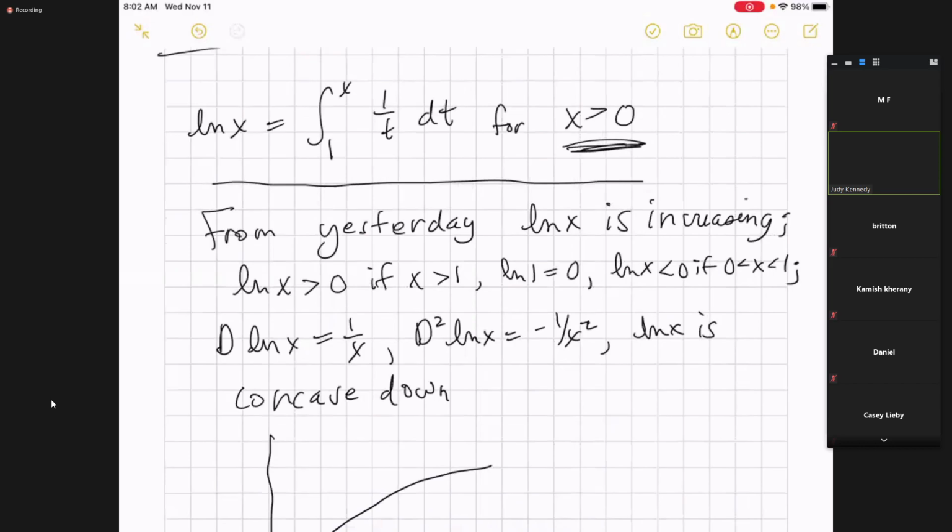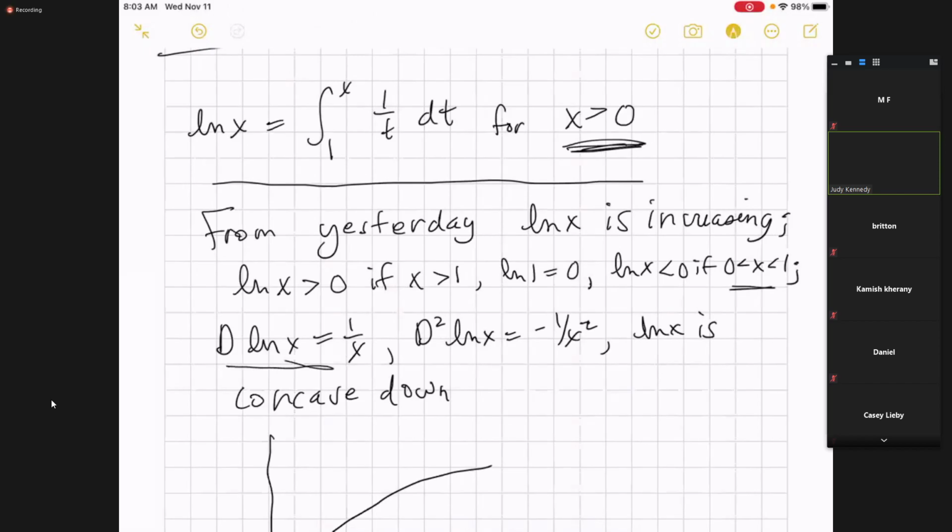We also showed yesterday that the natural log function is increasing. It's a natural log, but people usually say ln of x. Ln of x is positive if x is greater than 1. Ln of 1 is 0. And if x is between 0 and 1, ln of x is negative.